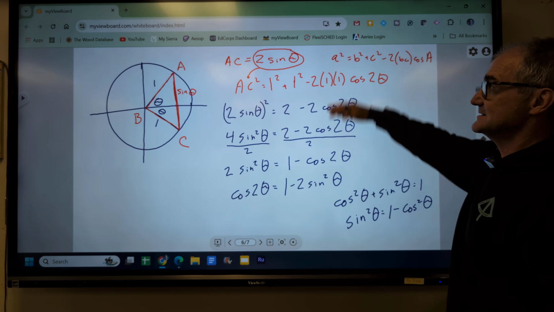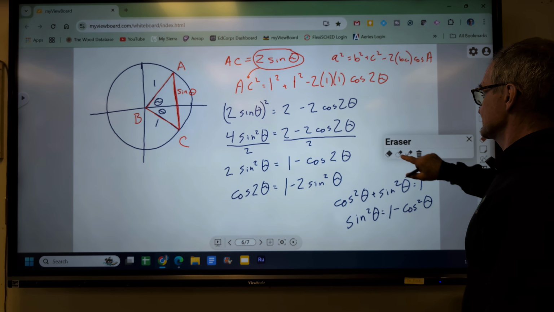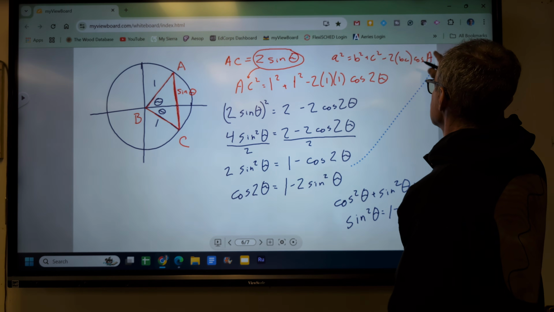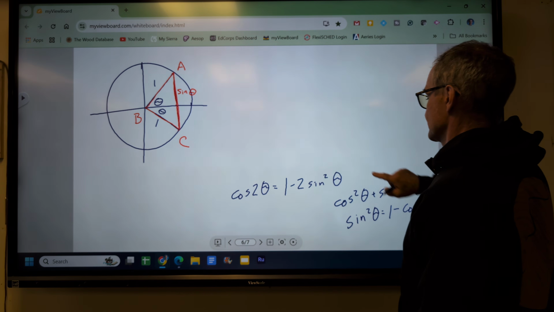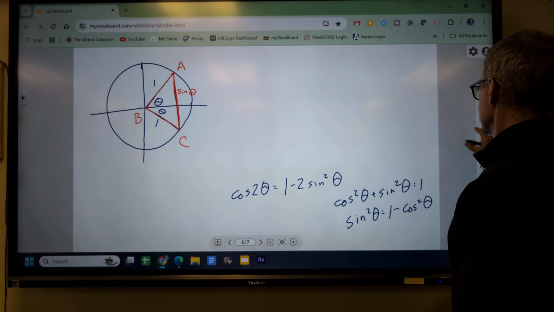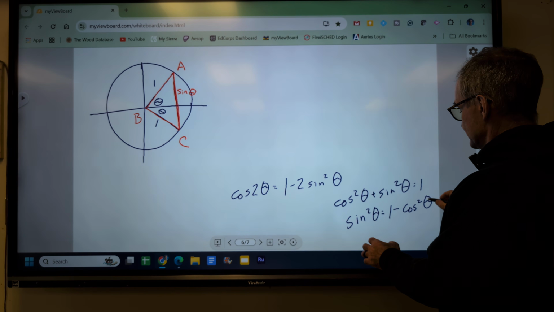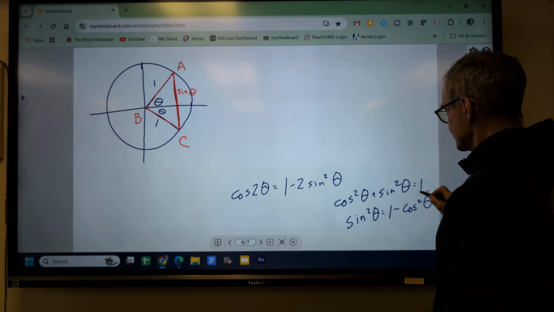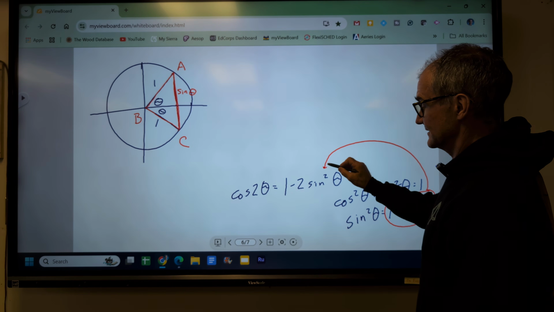So let me erase everything above here so I stay on the same page. Let me erase this. And then take this value of sine squared of theta and plug it in right there.